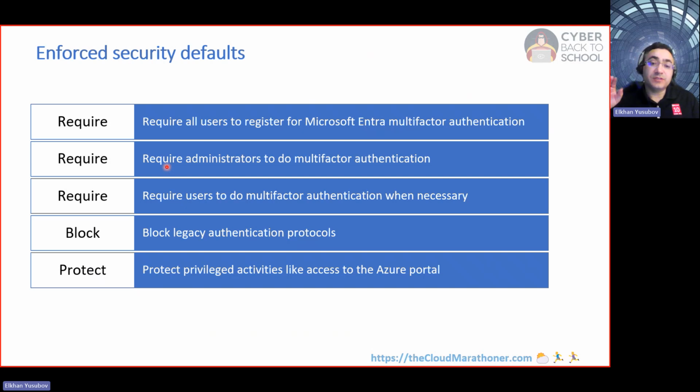There's a standard productivity task that a user is going to do, and there are some administrative tasks, so you want to make sure that you separate those duties into different accounts. After registration is finished with Microsoft Entra, the administrator's role will be required to do multi-factor authentication every time they sign in using their credentials.